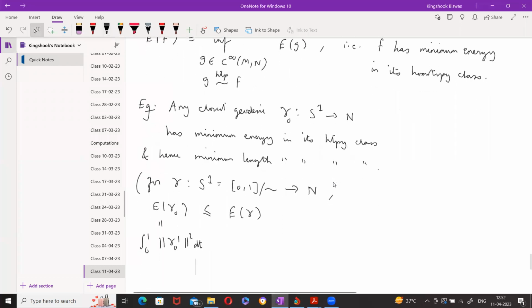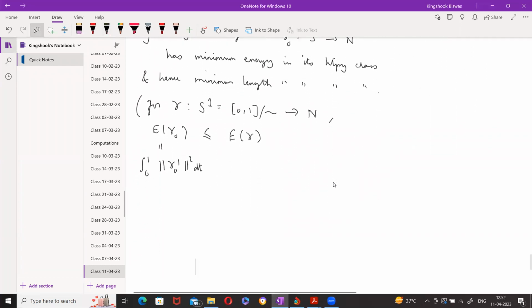And norm gamma naught prime is constant, so this is just equal to norm gamma naught prime squared, which is equal to the length squared, right? So the length squared is less than the energy of gamma.